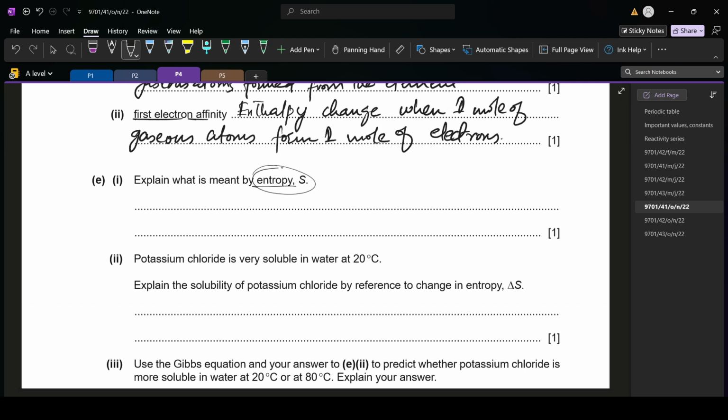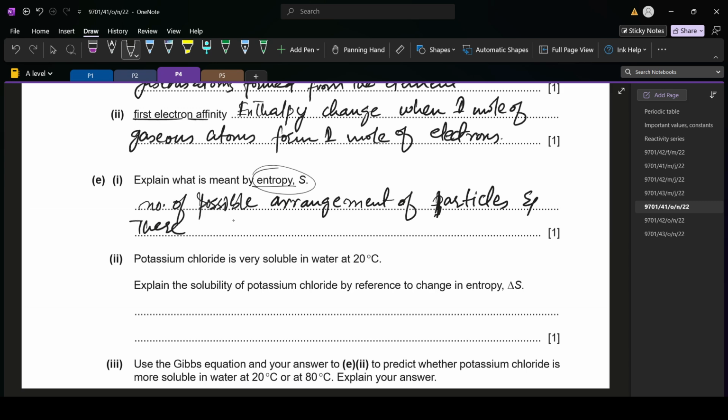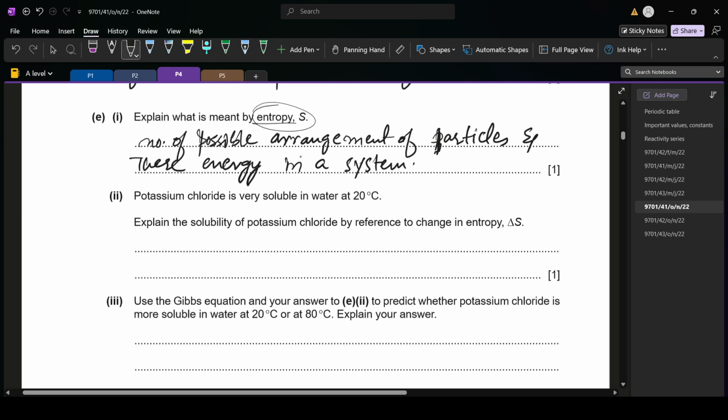Entropy is a measure of disorder, or it also has a different definition, which is the number of possible arrangements of particles and their energies in a system. Okay, so this is entropy.